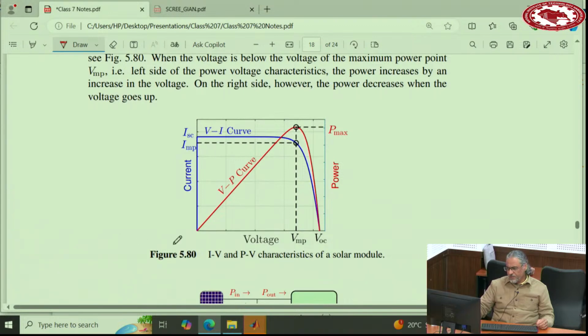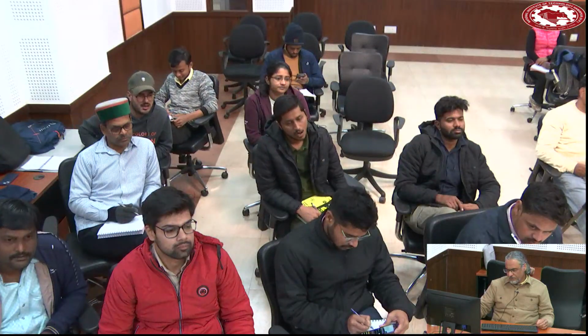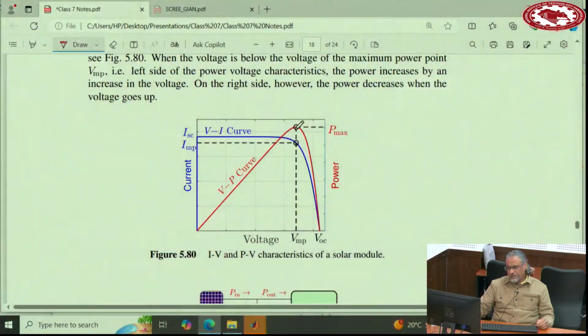And the reason is clear, because if you look at these characteristics, there is one point somewhere that the power is maximum. So if you can somehow put a control loop that finds that voltage, you can maximize the power that you extract. Or if you don't want to get the maximum power, want to get less than that, by changing that voltage, you can also change that power.